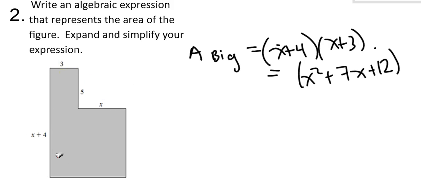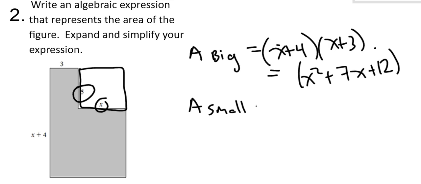The piece that's cut out looks like this. And again, it's a rectangle, so the area would be length times width, which are those numbers there. So the area of the small shape would be length times width. So that would be 5x.